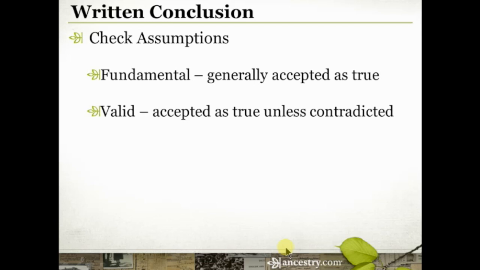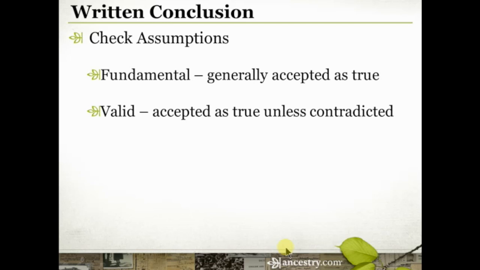Okay. The next kind of assumption are valid assumptions. And valid assumptions are defined as concepts that we can generally accept as true unless they're contradicted. So for example, most women are going to have children between the ages of 13 and 50. Now, are there women who have had children after the age of 50? Yes. Okay, but the valid assumption that we can function under is that those are generally the accepted childbearing years.